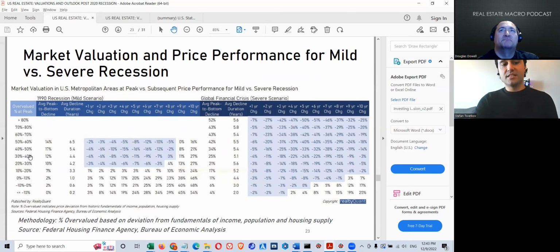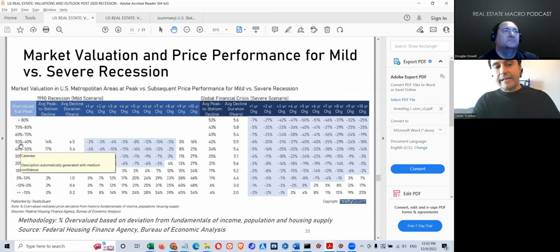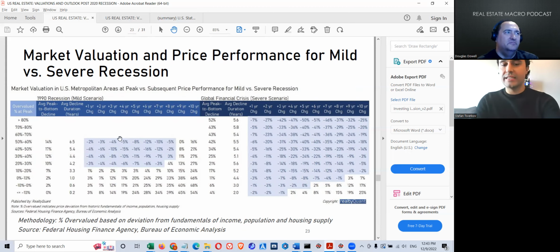So for instance, let's say you bought in Hawaii in 1990, and it was around 50% overvalued at the time. And you got a very mild recession, and Hawaii 10 years later performed in this top bucket here, to 16% appreciation.